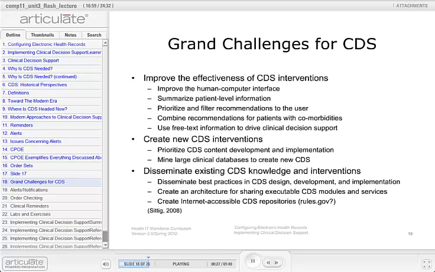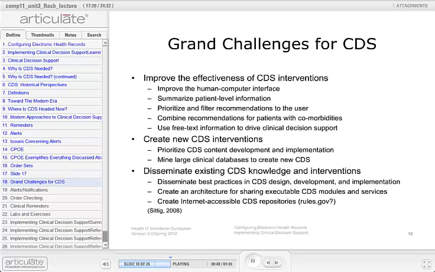This includes improving the human-computer interface, summarizing patient-level information, prioritizing and filtering recommendations to the user, combining recommendations for patients who have comorbidities, and using free text information to drive clinical decision support.